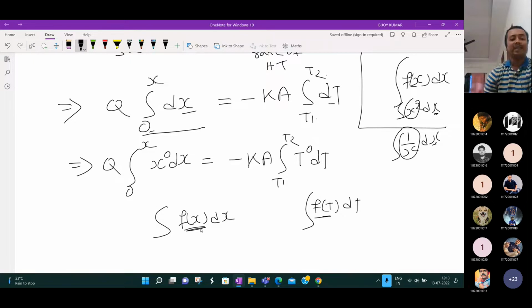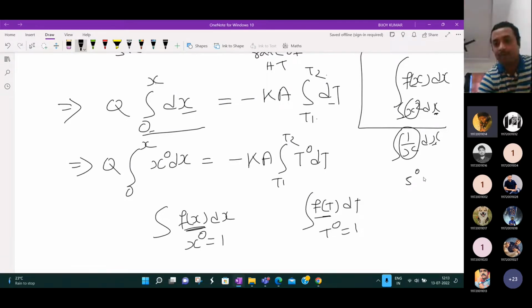We use x to the power 0, and t to the power 0. What is the value of x to the power 0? 1. What is the value of t to the power 0? 1. Anything to the power 0 is always 1 only. 5 to the power 0 is 1, 100 to the power 0, 1000 to the power 0 is always 1 only.